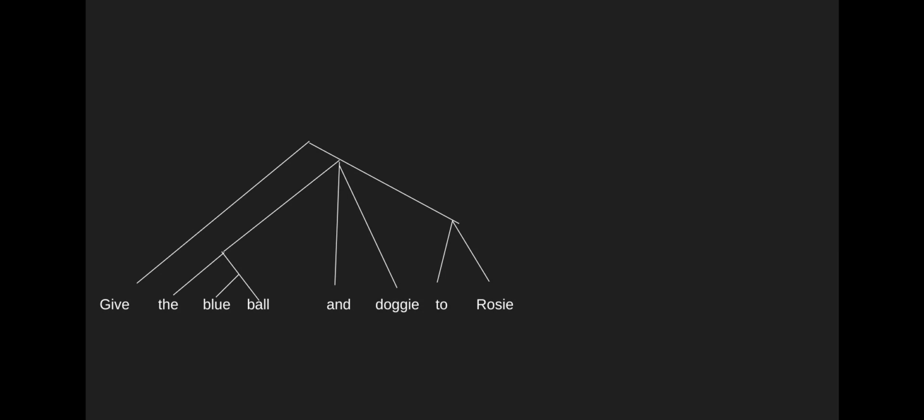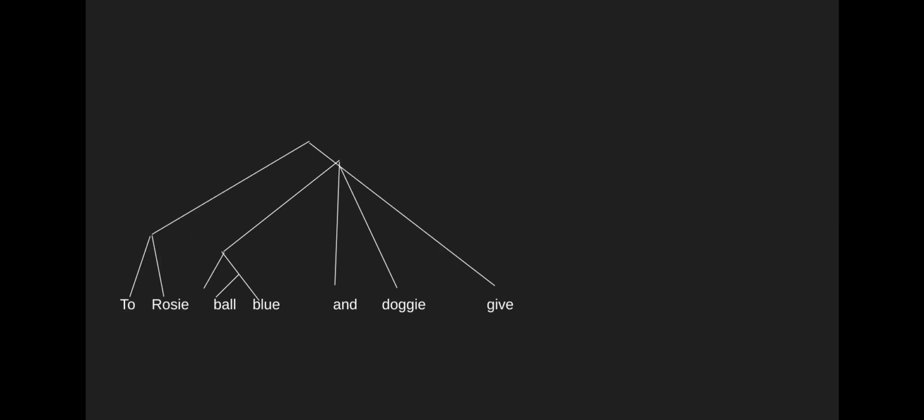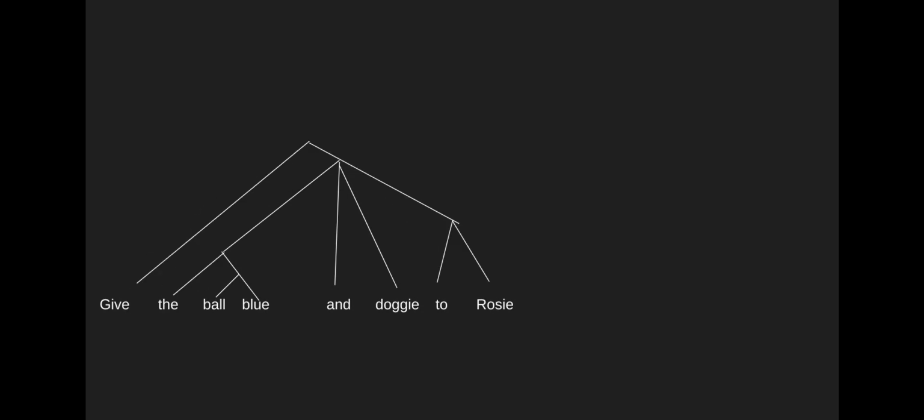So take as an example the same sentence, "give the blue ball and doggy to Rosie." Well, we know that we can switch blue and ball from English to Spanish, but if you speak a language like Latin or German again, you can put the verb at the end as well. You just take this whole big thing and you just flip it from left to right, so the "give" comes from the end and goes to the beginning, and the "to Rosie" bit comes from the end and goes to the beginning.